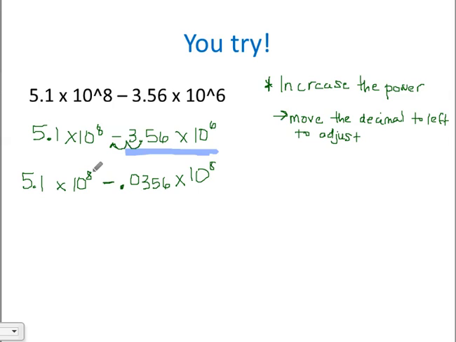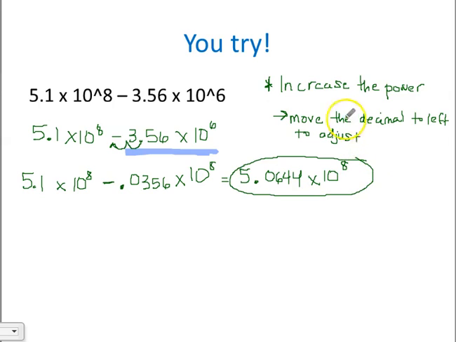And we're going to take 5.1 minus 0.0356, and we get a coefficient of 5.0644 times 10 to the 8th. And that is our final answer because it's written with the correct coefficient, that is greater than or equal to 1 and less than 10.